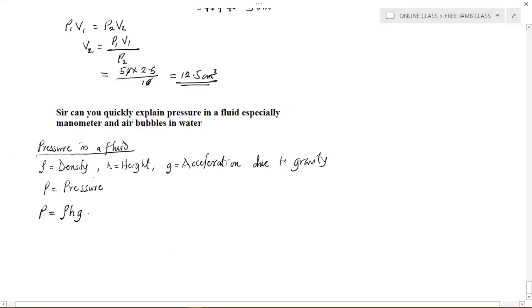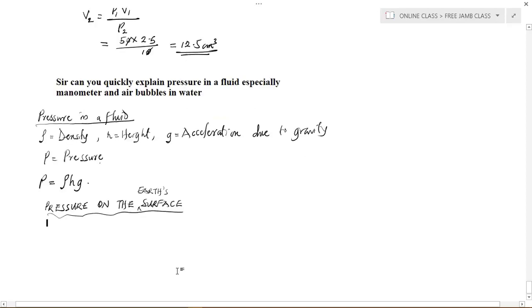If we have the pressure on the Earth's surface or on the sea level, we take them to be the same level.